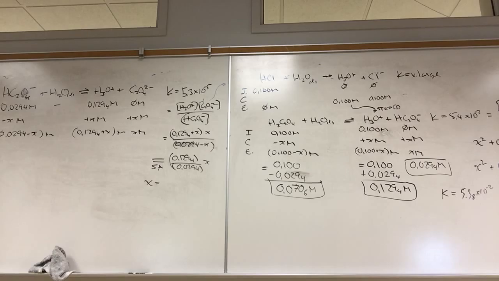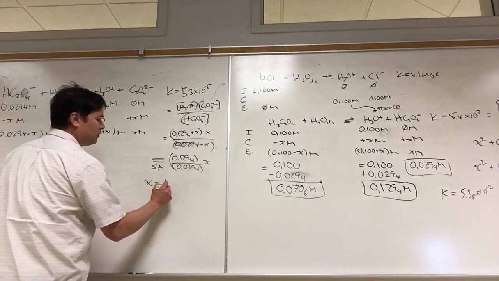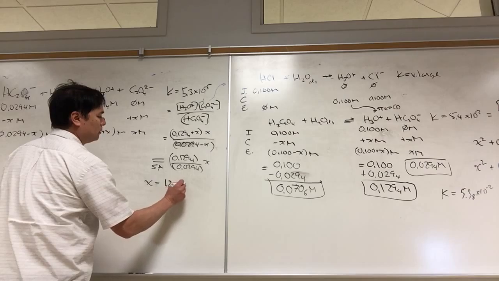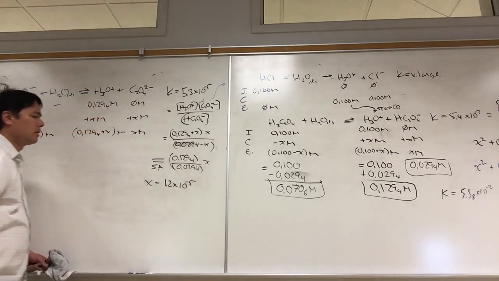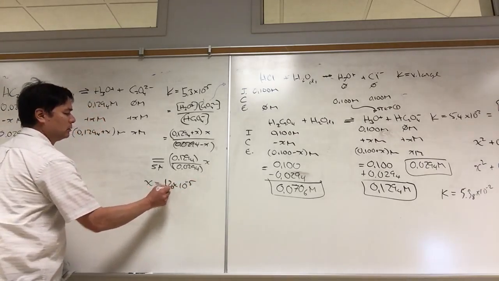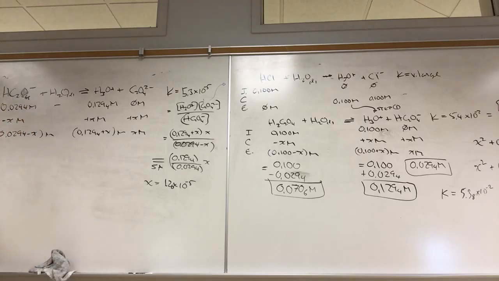X is going to equal Ka2 times 0.0294 over 0.1294, which is 1.2 times 10 to the negative 5. 1.20? Yes. Okay. 1.20 times 10 to the negative 5.